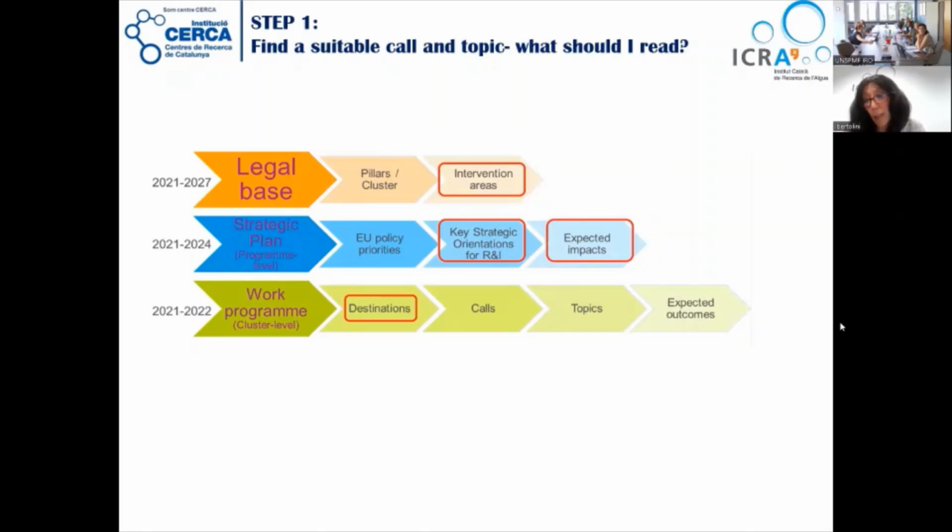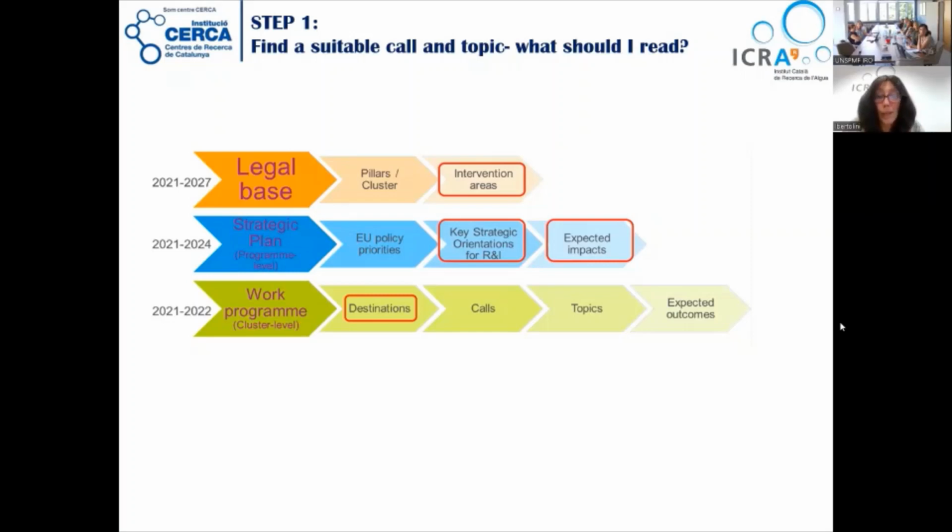Now I'm talking exclusively about Horizon Europe. Then we have the strategic plan, which is renewed every 3 years. And then the work program. The work program is where the calls and the topics are published, and it is renewed every 2 years.